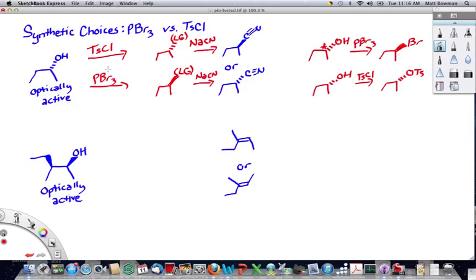And so now we can go back and change the leaving group to the appropriate one. The top case becomes an OTs. The bottom case becomes a Br, and there's our complete synthesis, giving us either of these two nitriles in their optically active forms.